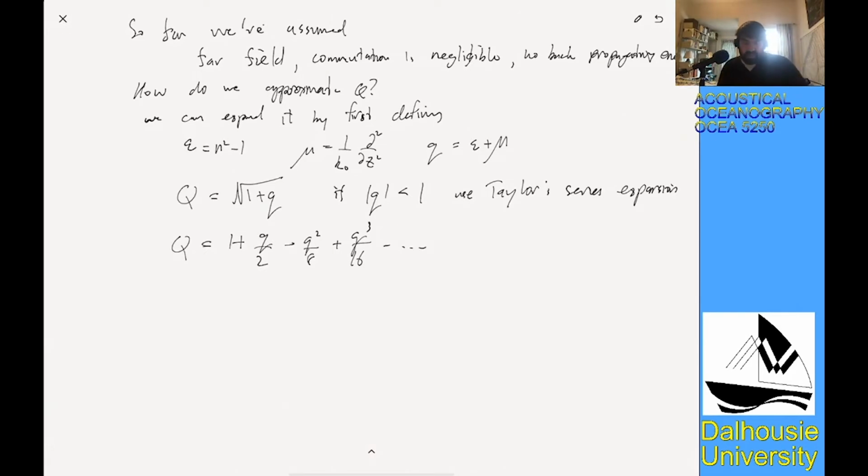And you can see that basically you're just including higher and higher order derivatives, or powers of derivatives with regard to z, okay? But the real question is, how good is our assumption? Is q less than 1 satisfied?